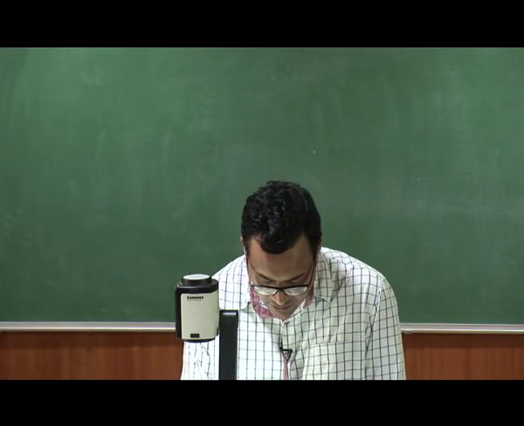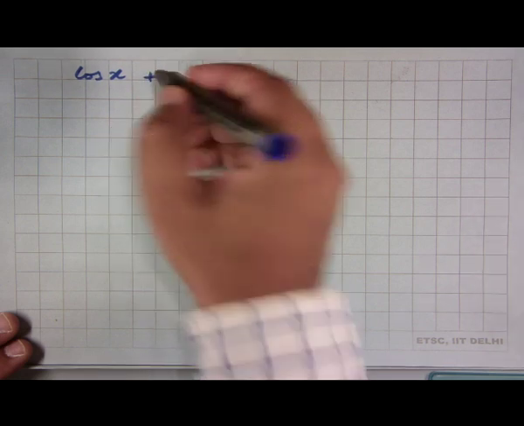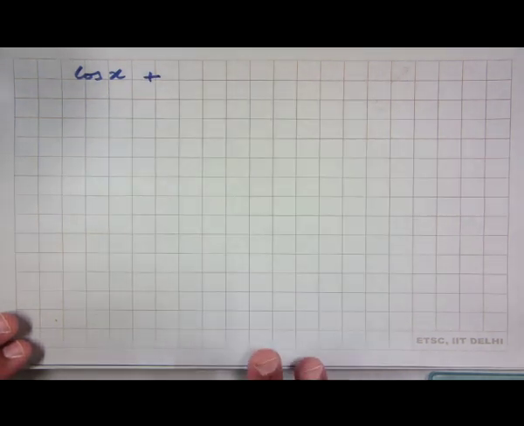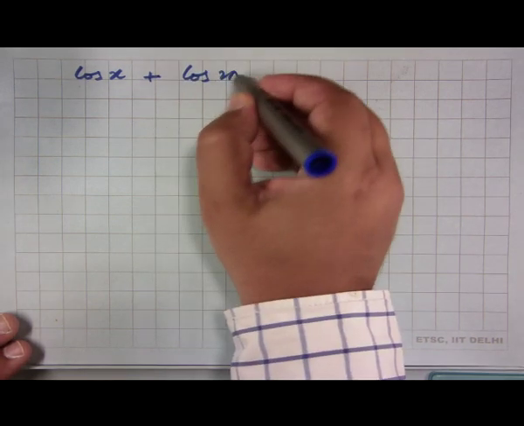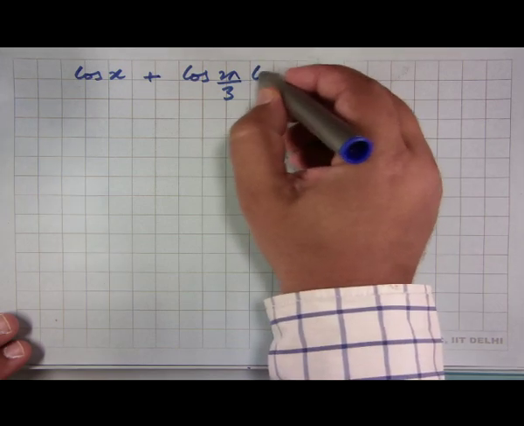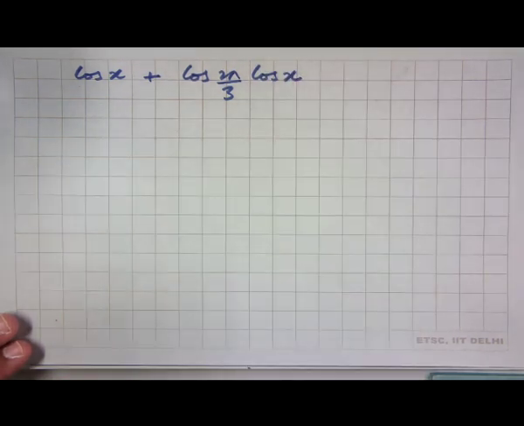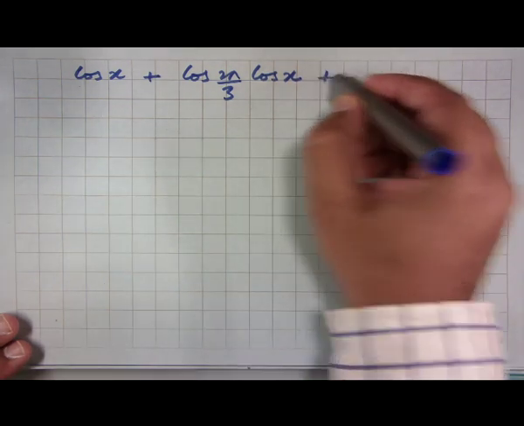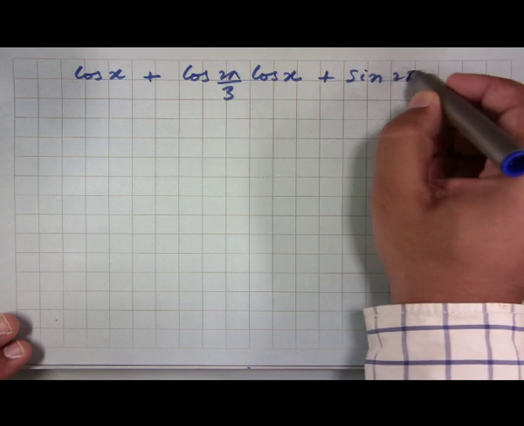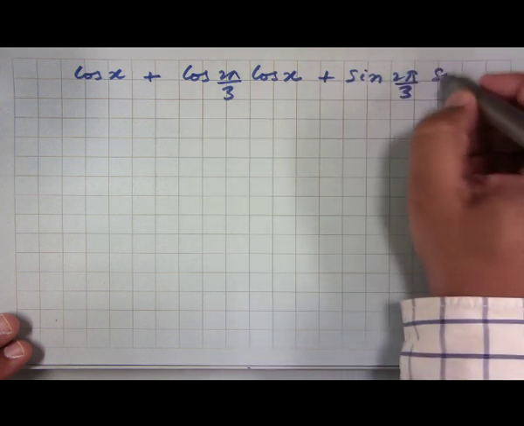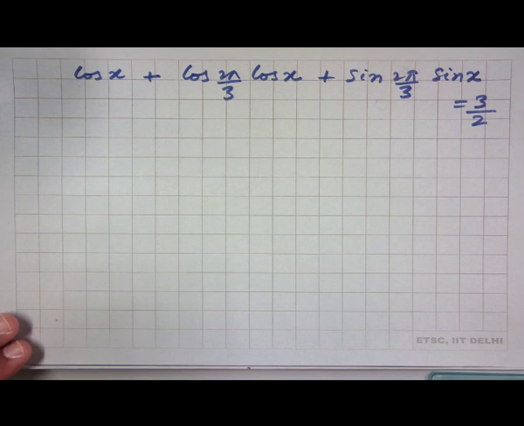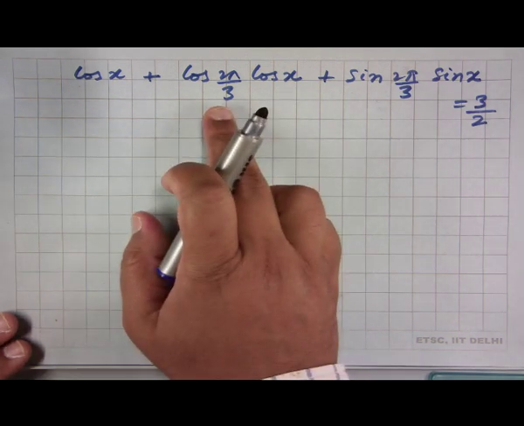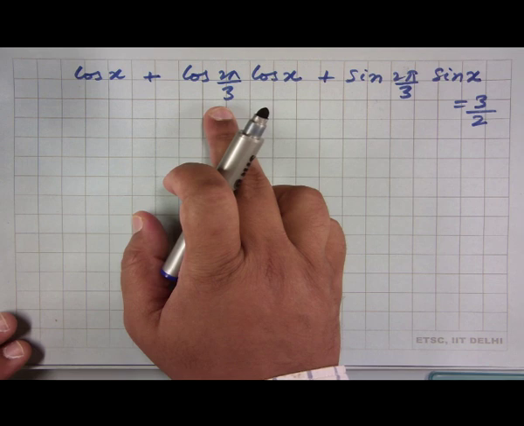Moving further ahead, we have cos x plus cos of 2 pi by 3 minus x. So, we use the cos a minus b formula and we write cos 2 pi by 3 cos x plus sin 2 pi by 3 sin x equals 3 by 2. But cos of 2 pi by 3 is equal to minus half.